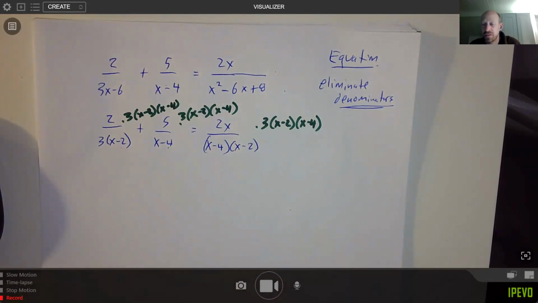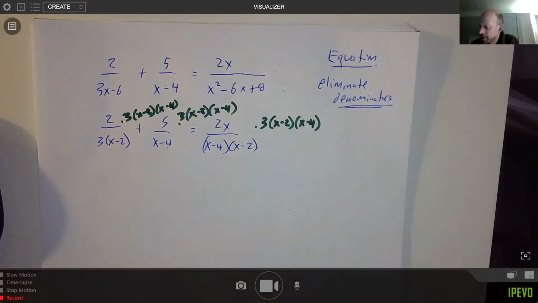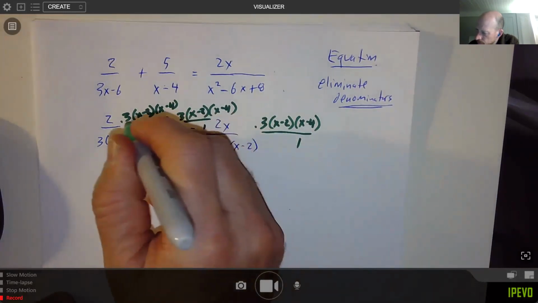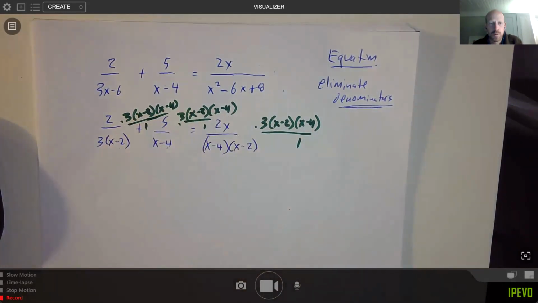I have the ability to just multiply the numerators. Really, I'm multiplying by this, which means I just have to multiply the numerators, which really means I get to cancel.